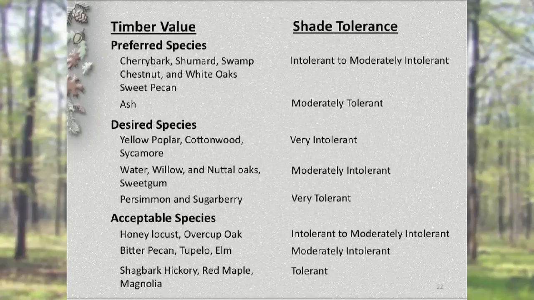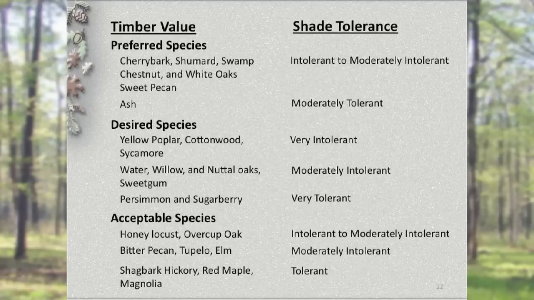If we look at actual shade tolerance and those species which we determined as being the preferred species in aspect of timber value, cherry bark oak, Shumard oak, swamp chestnut, white oaks, and sweet pecan, notice that they all fall into the intolerant to moderately intolerant shade tolerance class. Subsequently, when we regenerate this material, we'll have to have fairly open sunlight to get this material to actually germinate and grow through the seedling stage.